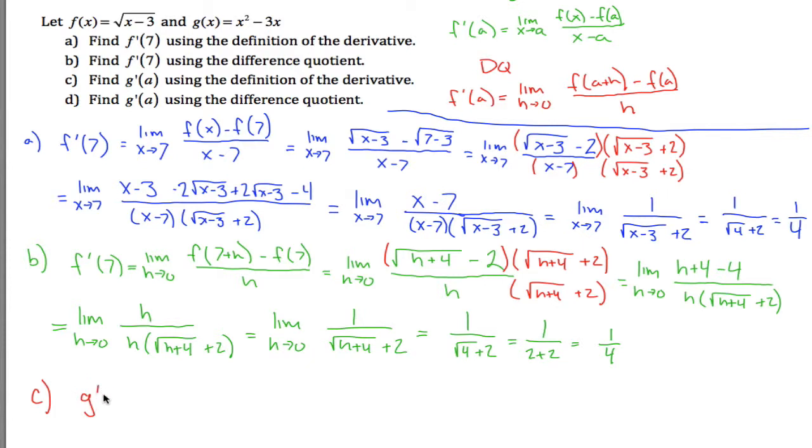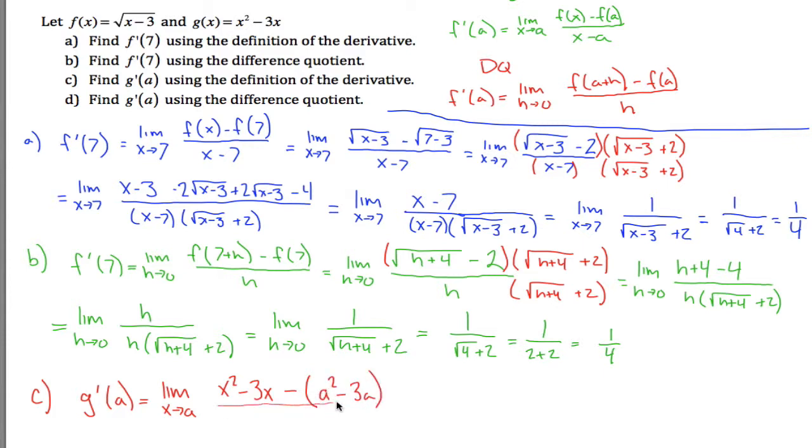What I'm saying is g prime of a would just be equal to the limit as x approaches a of g of x, which I know to be x squared minus 3x, minus g of a. Well, if g of x is x squared minus 3x, g of a would be a squared minus 3a.